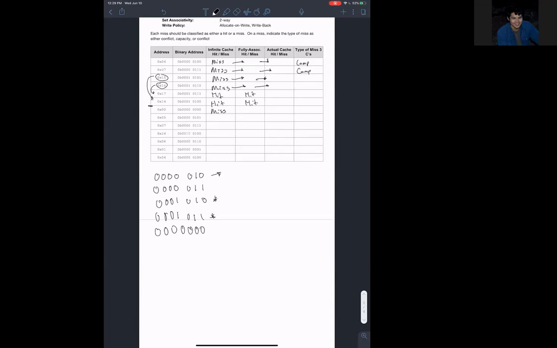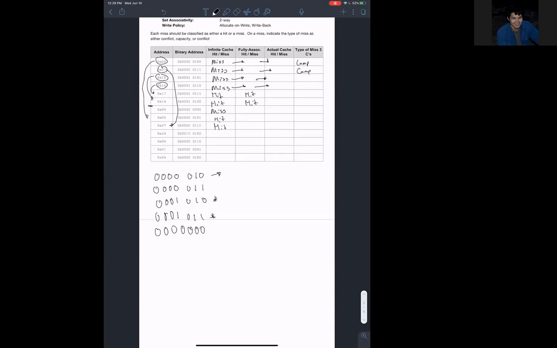So now we're just gonna finish up the infinite caches. So next we have the address 0x05, and because we brought in the address 0x4 up here, that's going to be a hit. And then we have the address 0x07. And since we brought in that address earlier on, that's also going to be a hit.